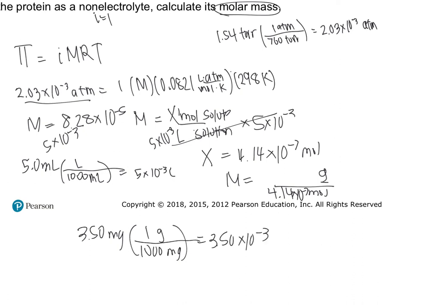So I'm going to put that up top. And I'm going to do 3.5 times 10 to the negative 3rd divided by 4.14 times 10 to the negative 7. And I get my molar mass of my protein being 8.45 times 10 to the 3rd grams per mole. Now proteins are really big, so that makes sense that it would have a really large mass.